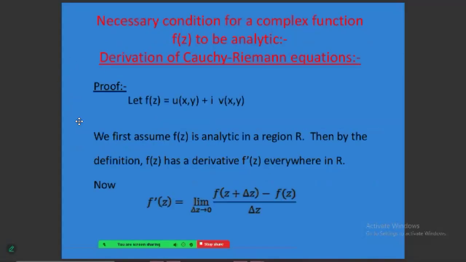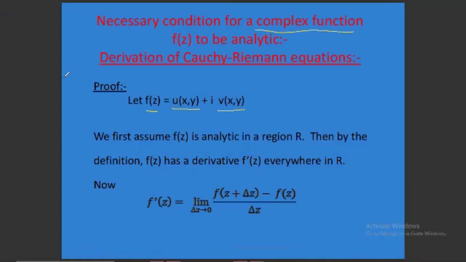Next one, proof. First, the necessary condition for a complex function to be analytic. First derivation. Let us consider the analytic complex function f of z, which is equal to u of x comma y plus i into v of x comma y.